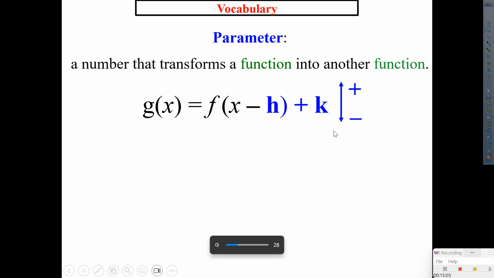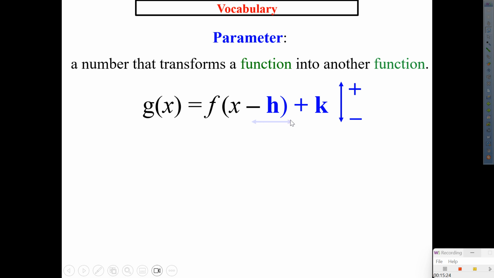Okay? With that said, tell your neighbor what h does to the entire function. All right, what does h do to the entire function, Kimberly? Side to side, so draw an arrow side to side like so.